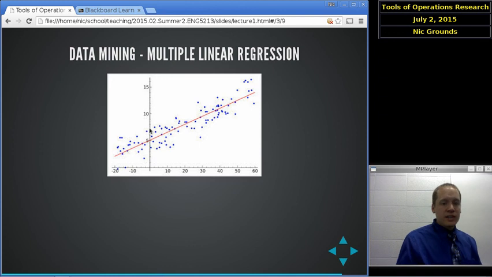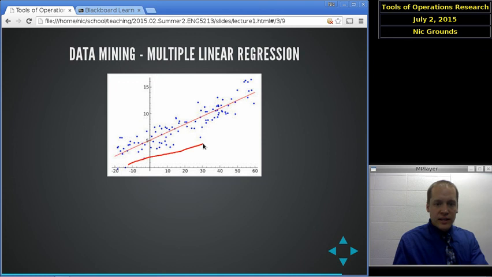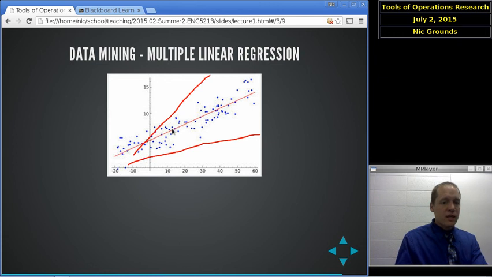And again, the slope of this line, where it intersects the x-axis or the y-axis, is determined just to minimize the error of all the predictions. So obviously, this line would be better than a line down here or a line like this. So it just found what linear line in this space minimized what value it could predict for all these blue dots. So it's just trying to average through the blue dots. Okay, that's multiple linear regression.